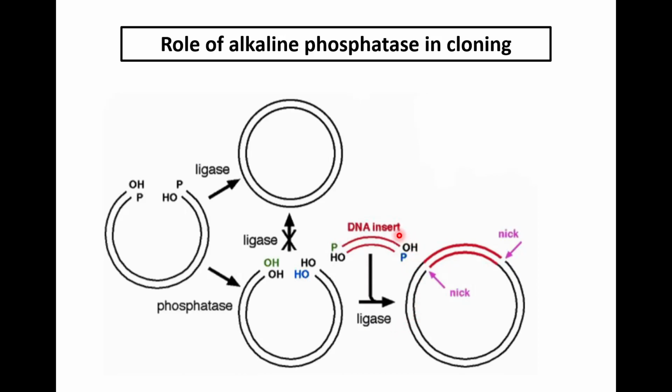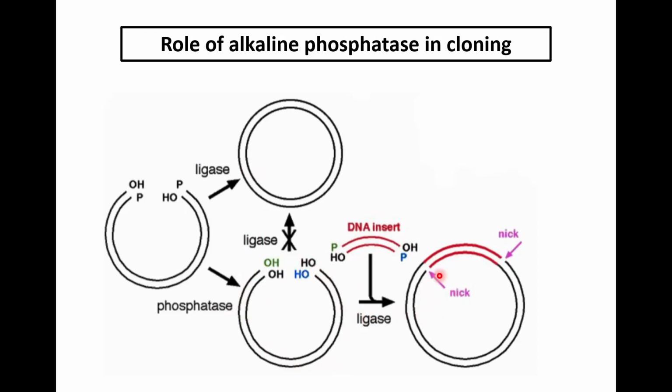Now when you are ligating with the help of the ligase, it will form the phosphodiester bond, because there is no phosphate in the vector itself, but there is a phosphate coming from the insert, because you have not treated the insert with alkaline phosphatase, only the restriction digested vector.